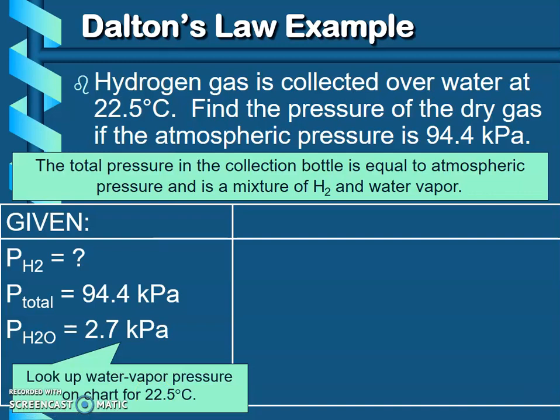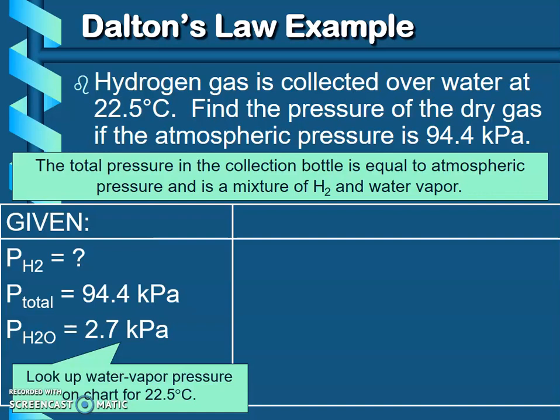I'm looking at mine and I see that we have 22 degrees Celsius and we have 23 degrees Celsius, but I don't have 22.5 degrees Celsius. So what am I going to do? All you have to do there is we know that 22.5 is halfway in between 22 and 23.